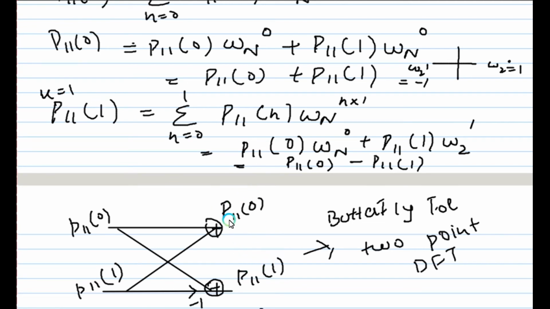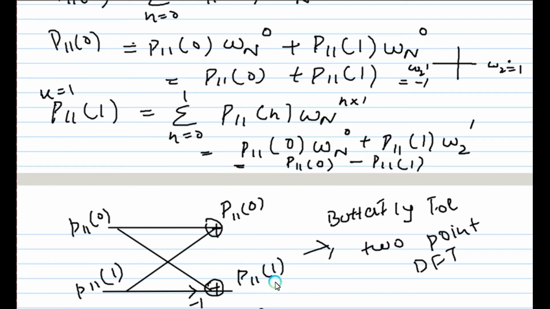Now if we look here, P11 of 0 is equivalent to P11 of 0 small plus P11 of 1. Similarly, P11 of 1, this is an odd part, so we will have a minus sign here.